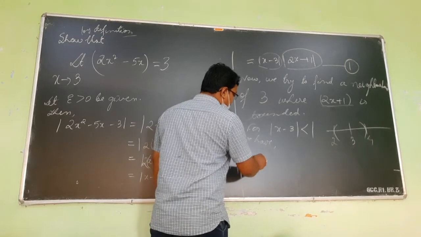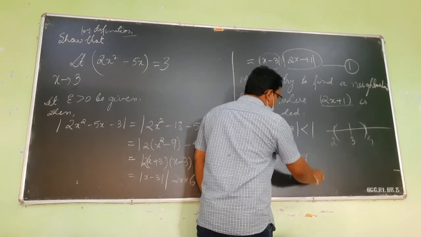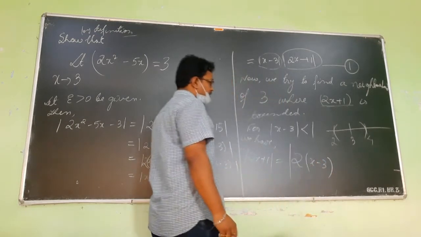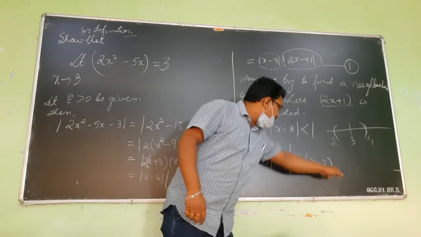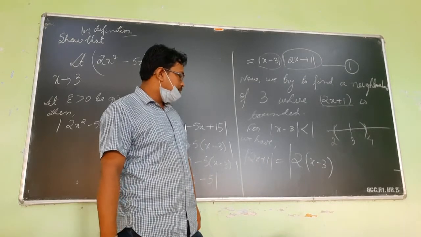So for mod of x minus 3 less than 1, we have mod of twice x plus 1. What is that? You try to bring x minus 3. Suppose I write x minus 3. Then what should I add here so that the result is this?